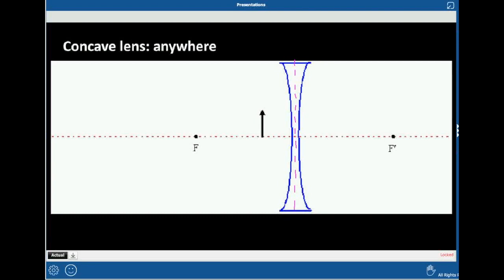Okay, so there's the center. I'm going to do a horizontal here, except instead of going horizontal and through this focal point like I did with the convex lens, I'm going to go through this focal point. Okay, so there's, oops, I did this wrong, sorry.